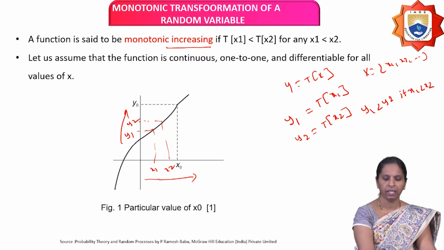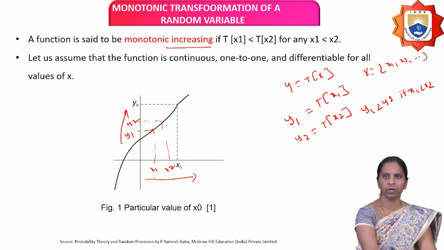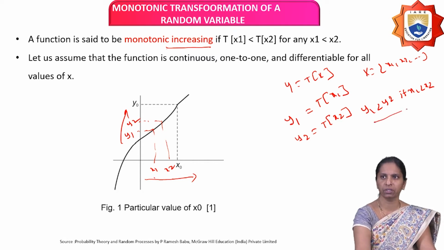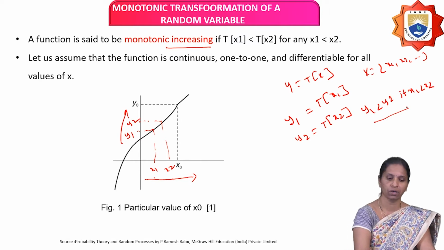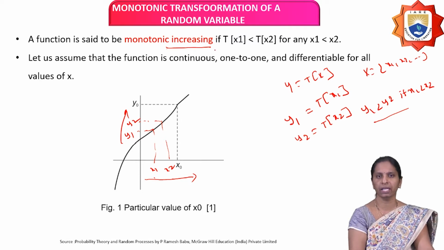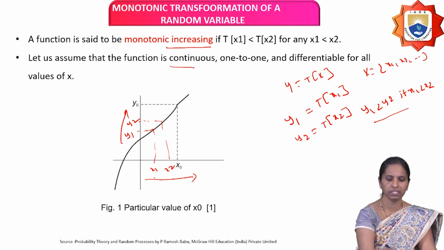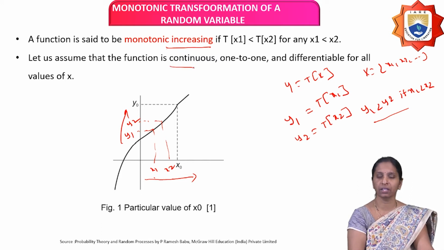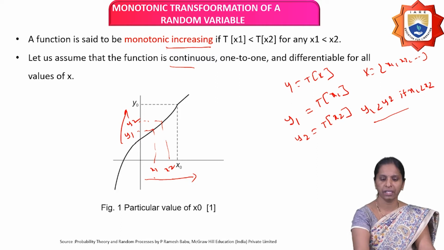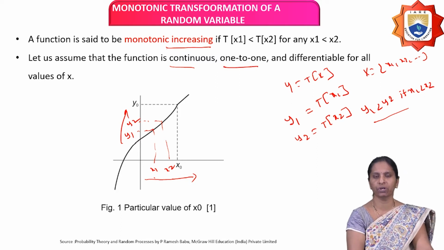So x1 is less than x2, and y1 is less than y2. Then it is called a monotonically increasing transformation. You are assuming that the function is continuous, and since I'm saying monotonic, there is a one-to-one correspondence only.